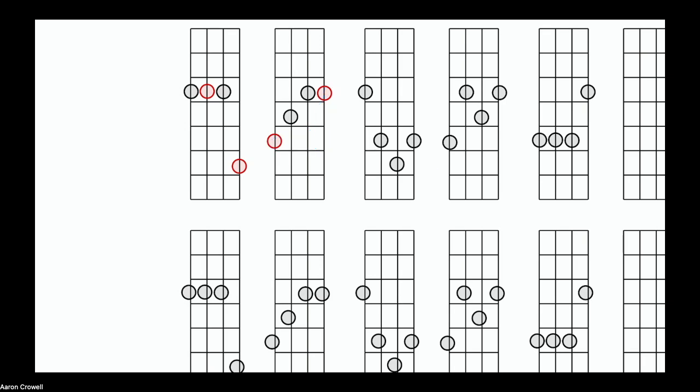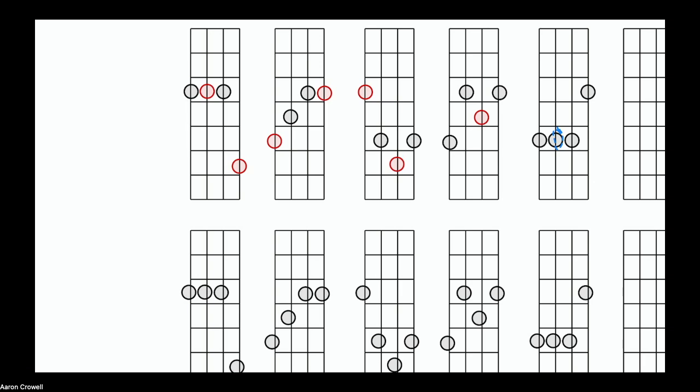The root stays the same, and everything else moves down. Another way to think of a diminished chord is that you raise up the root, but because the root is what gives the chord its name, we don't want to think of it as raising the root, but lowering everything else, if that makes sense.